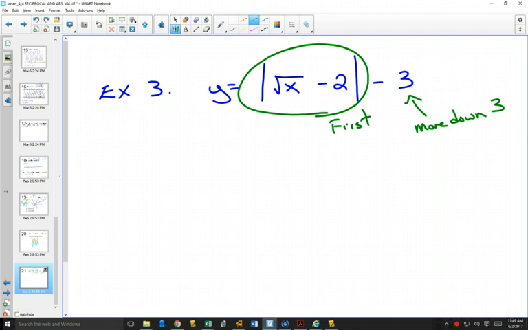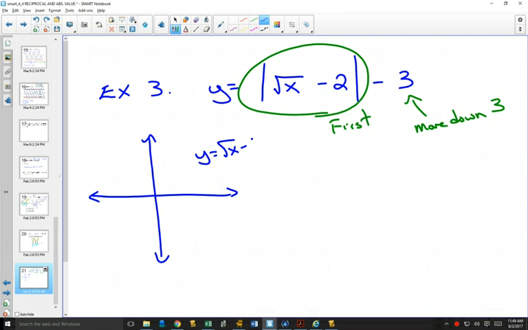So we're actually going to have 3 graphs, because how do we graph the green circle first? We graphed the inside first, and then we did the absolute value. So the very first thing that I'm going to graph is the inside of the absolute value, which is y equals the square root of x minus 2.